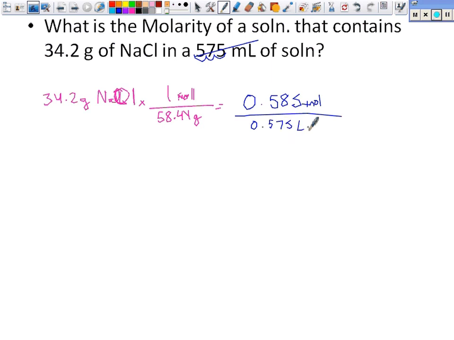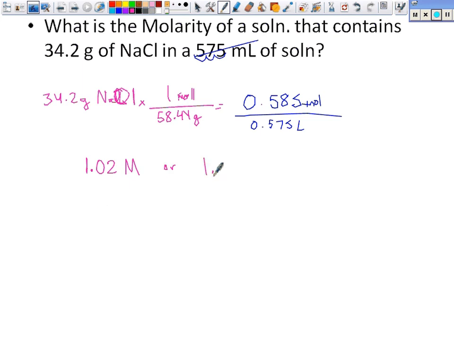I need, well, duh, I need 2 more digits at least. 1.02. You can write it like that. Or how else could you write it? They're very good. I didn't even think about that. Or you could write it 1.02 moles over liters.